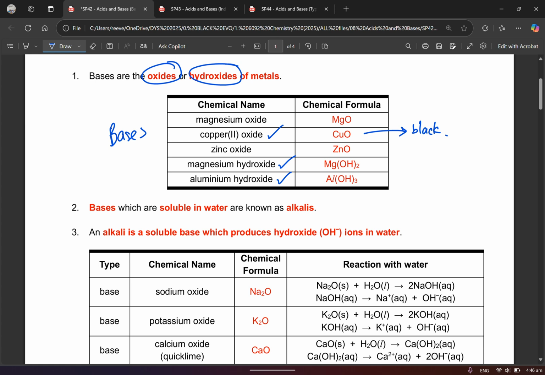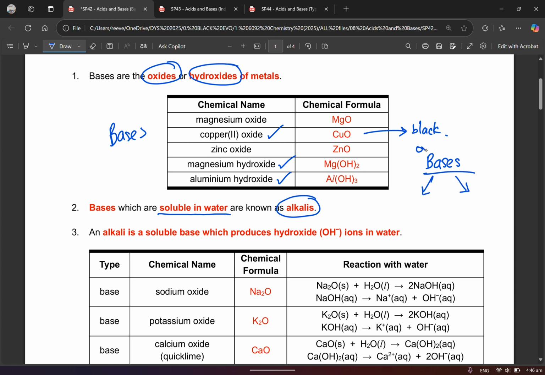There are some bases that are soluble, some bases that are insoluble in water. So the question is, what is an alkali? Alkalis are also bases, but they are the ones that are soluble in water. So if you want to do a simple category, I have bases.